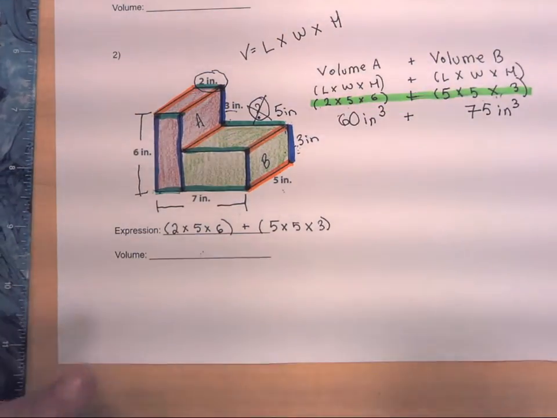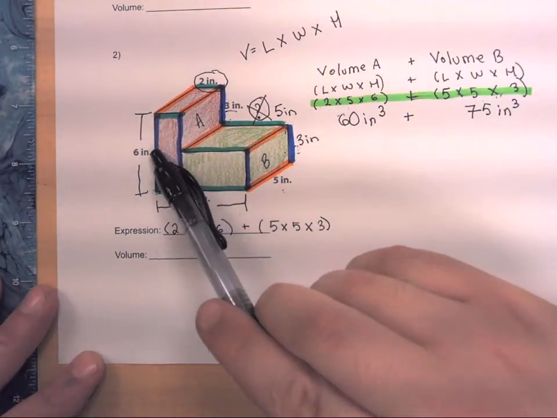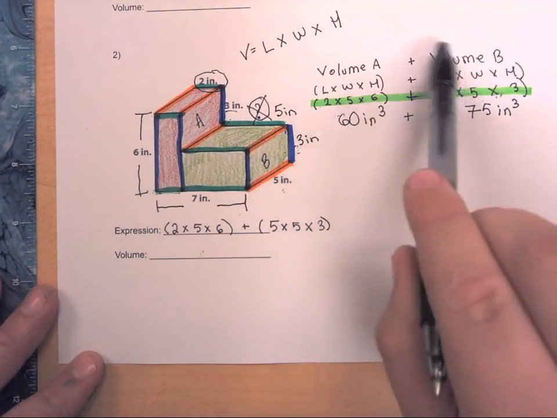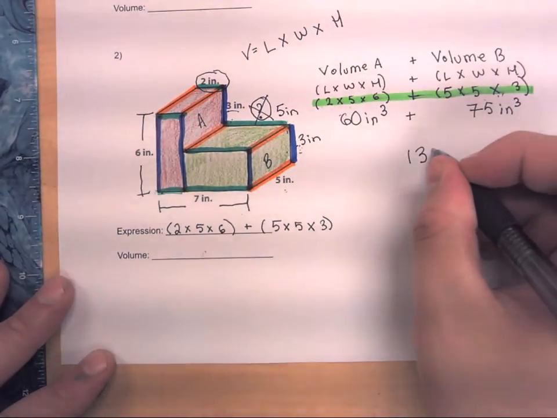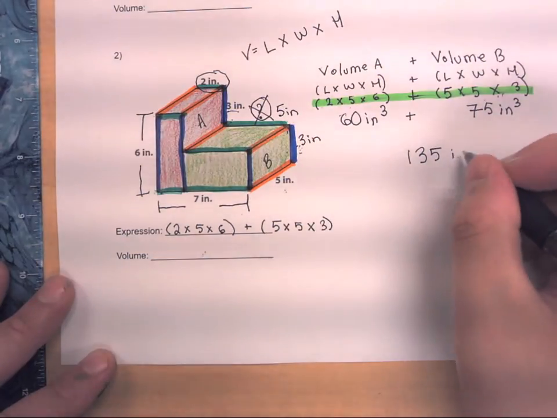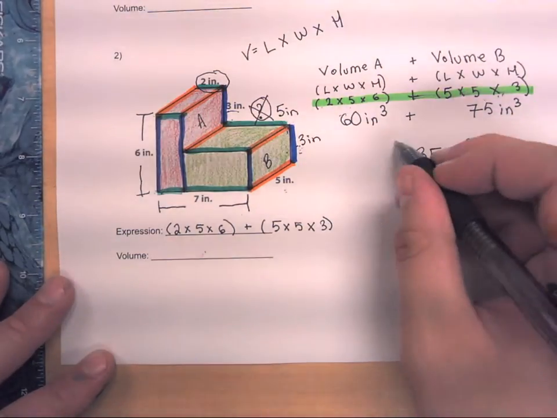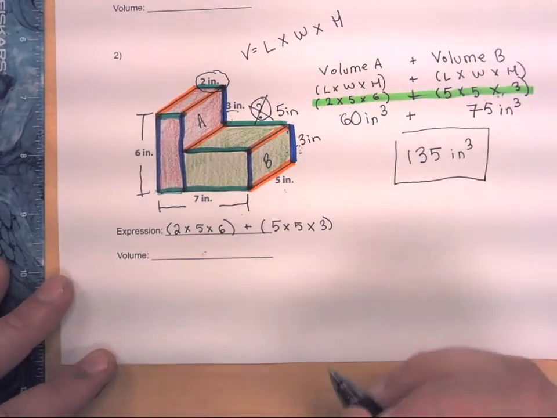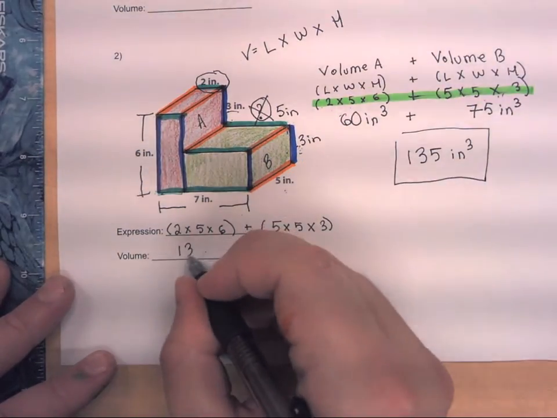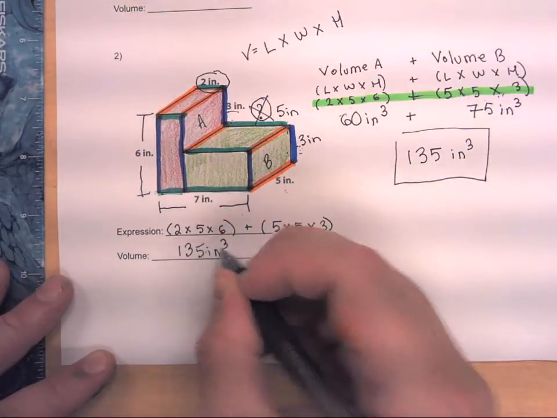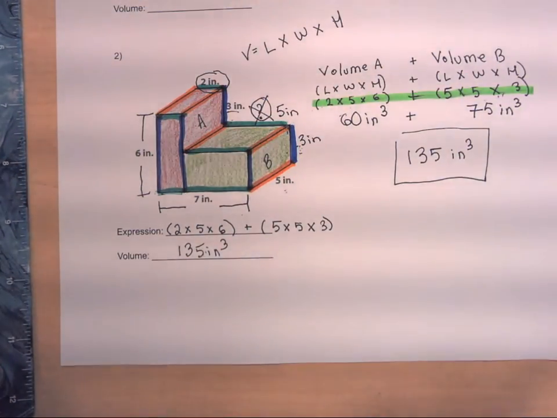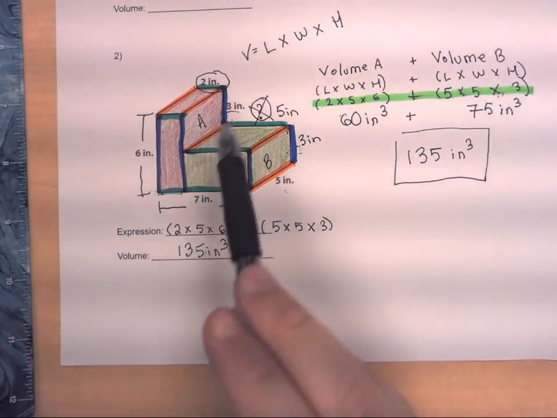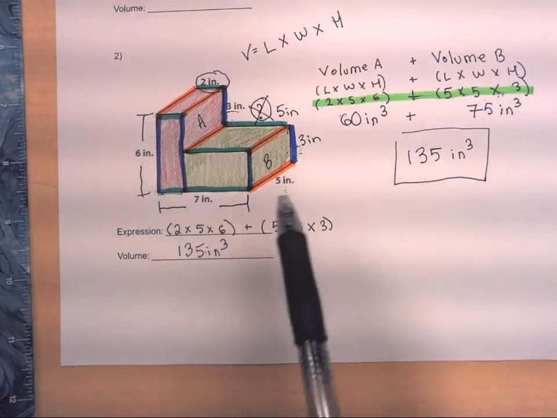So the last step is adding the volume of prism A to the volume of prism B, which will give us a volume of 135 cubic inches. So again, to briefly summarize what we did here, we first looked at the composite figure.